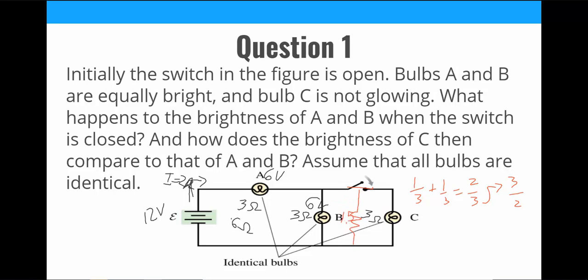Now this 1.5 is in series with A, so I do 3 plus 1.5, which is 4.5. So now I'm back to how I was before. I've reduced this whole thing to one equivalent resistance.